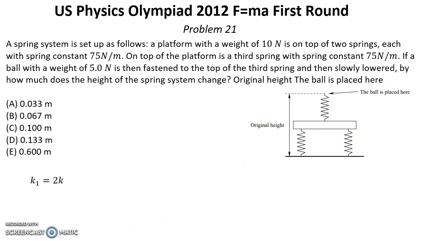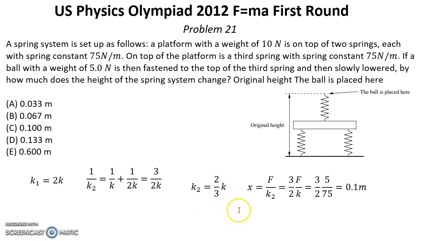It means that the total K can be found like this, and K2 equals 2/3 K. And the last step is to find the displacement. That will be the force 5 newtons divided by the equivalent K for the whole system. And the answer is 0.1 meters or 10 centimeters, which is C, the correct answer.